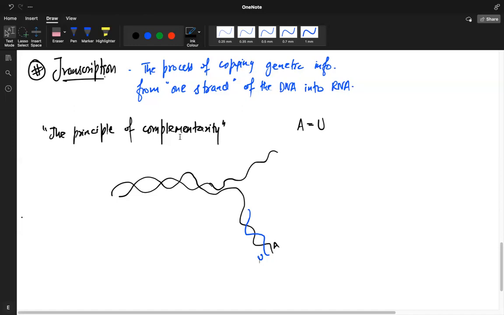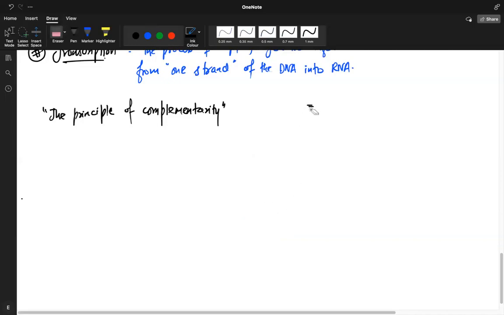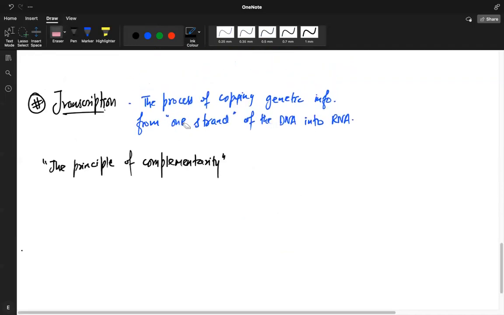Now, one question that comes in boards many times is this. Write down this question. This is the last question we will discuss for today, but a very important one. Pay attention to this term: transcription is the process of copying genetic information from one strand of the DNA into RNA. Why not both the strands? Why just one strand?